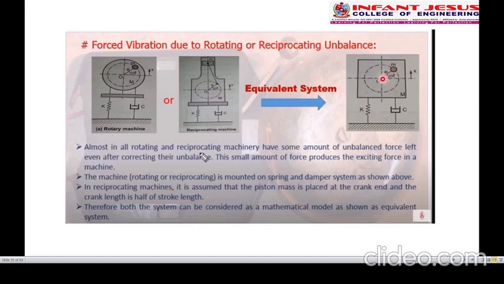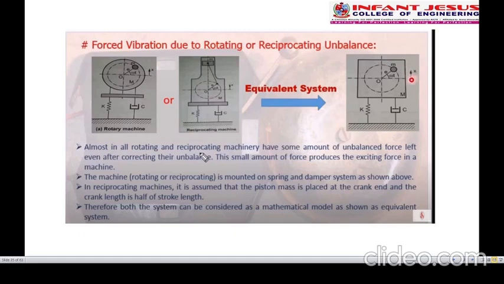It has an eccentricity length of e and rotates with an angular velocity omega. Due to this unbalanced force, a centrifugal force is acting outwards, and due to this there is some excitation or vibration in the system, and hence the system has a displacement of x.